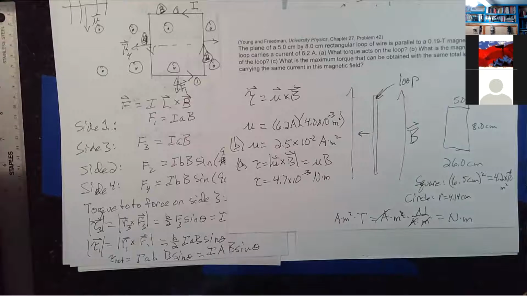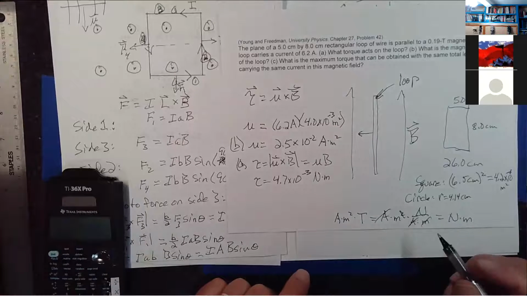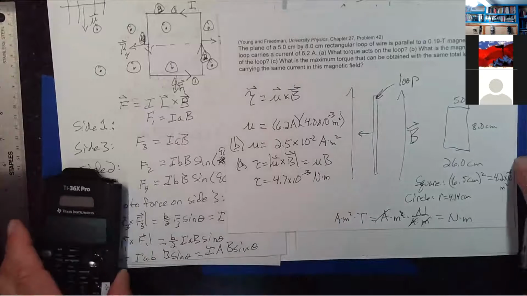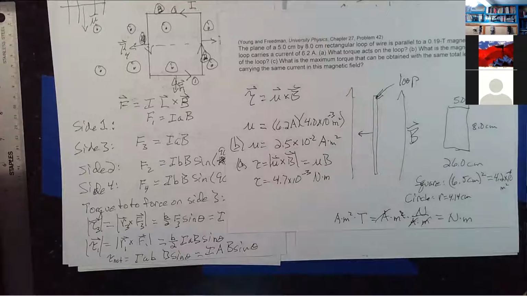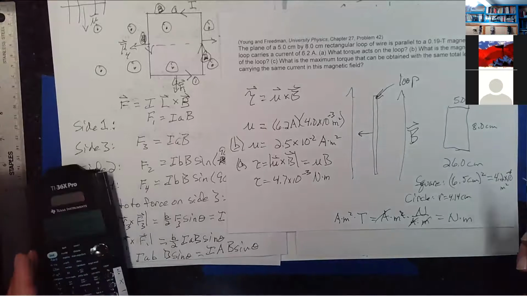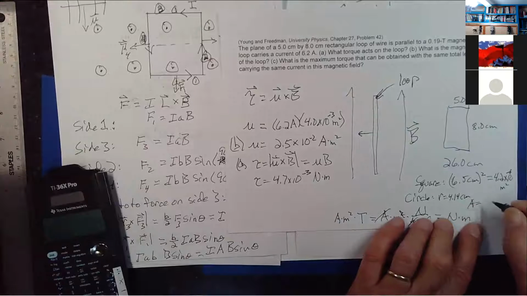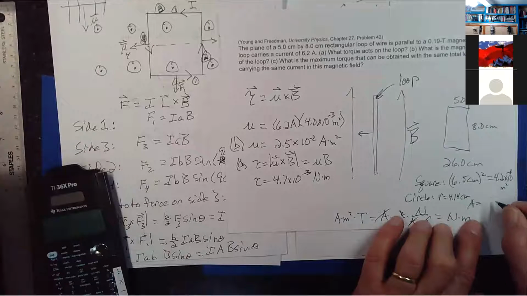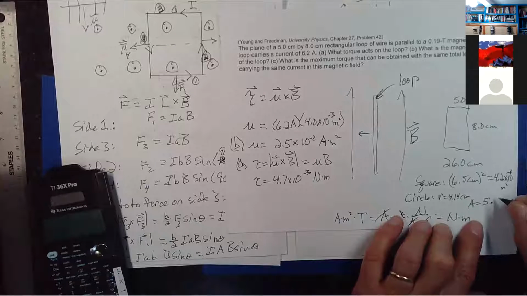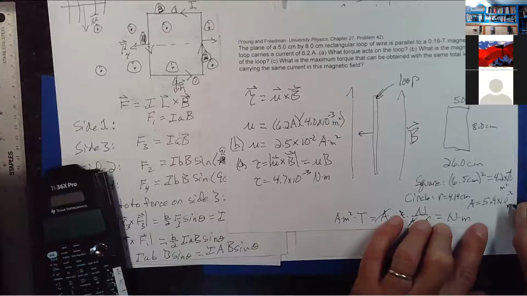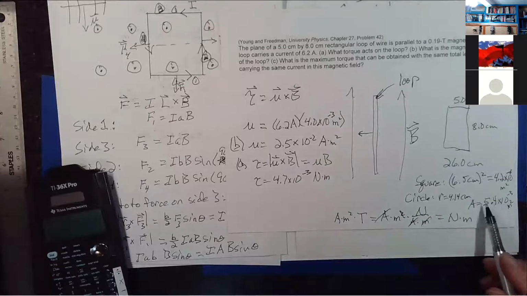Yeah, I have to multiply that by 10 to the minus 4. Yeah, for the circle, I'd get an area of, to 2 significant figures, 5.4 times 10 to the minus 3 square meters. So, yep, get a little bit more area with the circle.